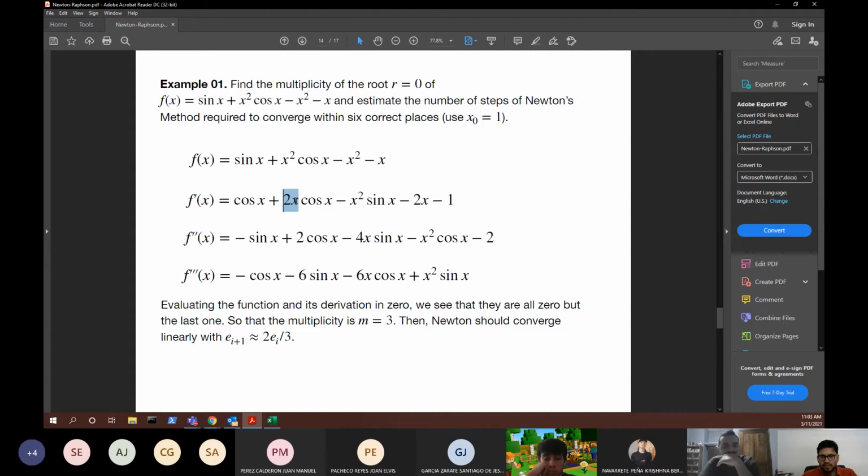I think I made a mistake here, right? Esta derivada sería 2x, sería 2 por coseno de este, menos, en este caso sería 2x, ¿cierto? Menos seno de x. Aquí hay un error, ¿cierto? Este es 2, debe ser 2, right? Sí, profe. Yeah, there's a mistake here, so this has to be equal to 2.